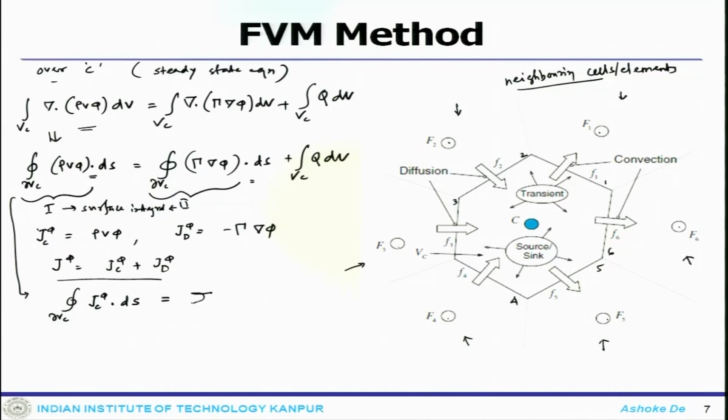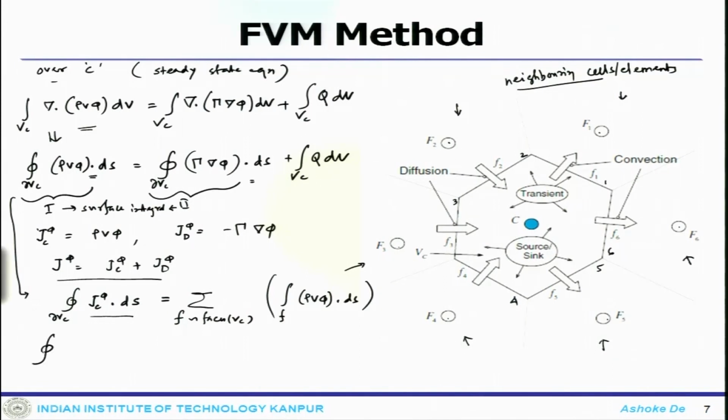would now become a summation over f, the faces of that volume. That means here it will go from 1, 2, 3, 4, 5, 6, of the integration of rho V phi dot dS. So, the term 1, which is the surface integral of convective fluxes, where you had an integral, you get back an algebraic system.